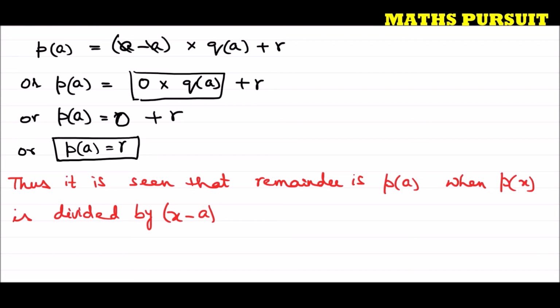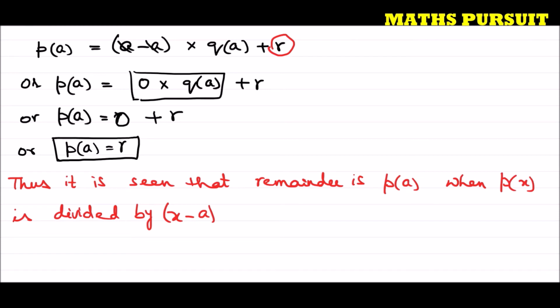The most important concept is how this became only r. If you can understand how it became only r, then it would be easier. As I explained to you, our remainder's degree is always less than the degree of the divisor.